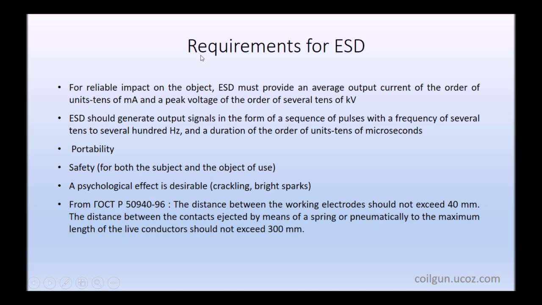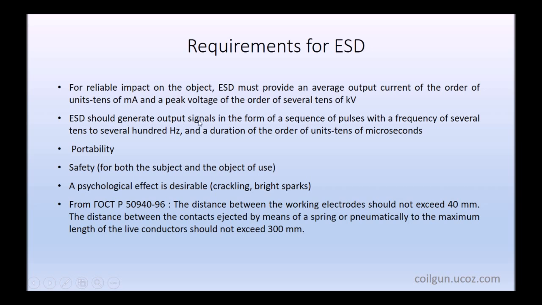Okay, these are the requirements for ESDs which we found out in the previous video. ESDs must provide an average output current of units or tens of milliamperes and peak voltage on the order of several tens of kilovolts, which is necessary to penetrate some protective clothes and layers under the skin of our object.